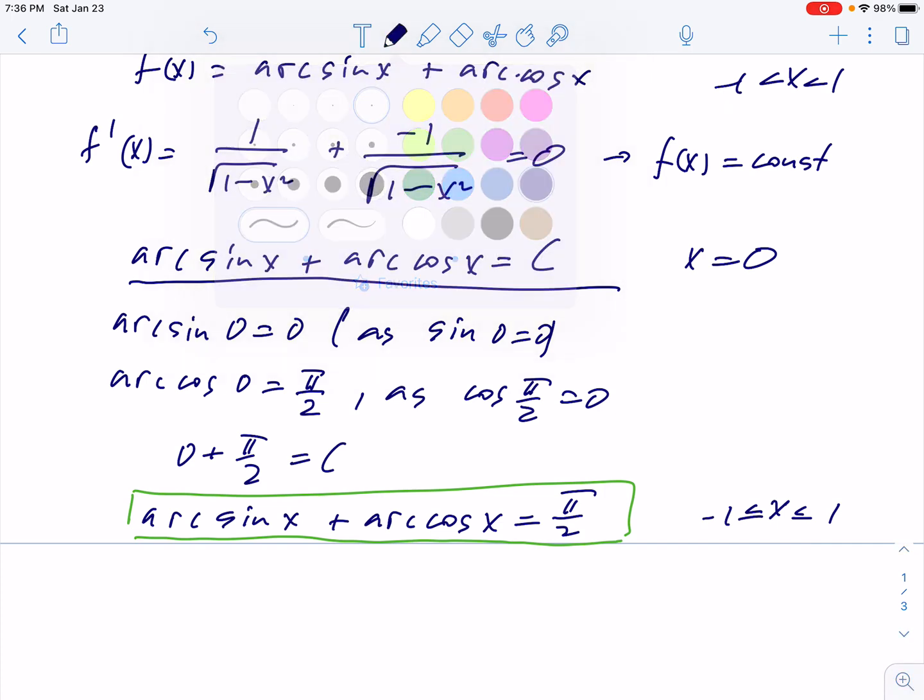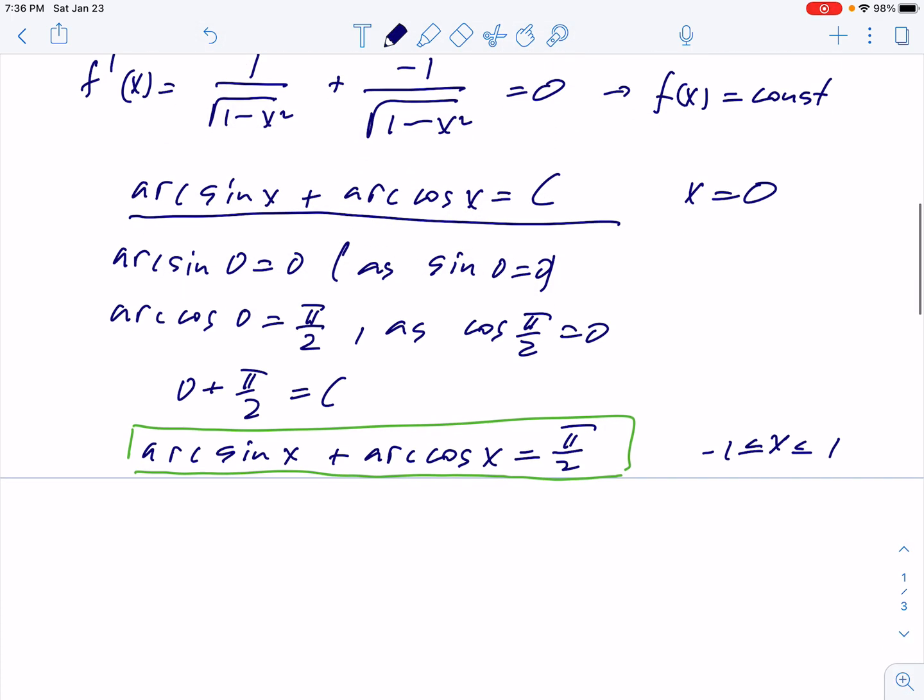Okay, continuing further, another example. What about arctangent, arccotangent? Let's take the function f(x), which is arctangent x plus arccotangent x, defined for all x.